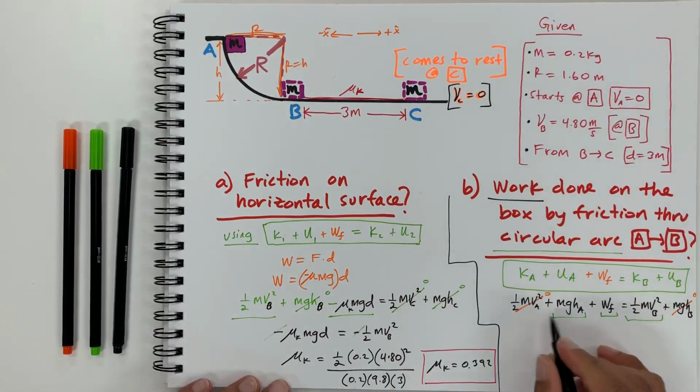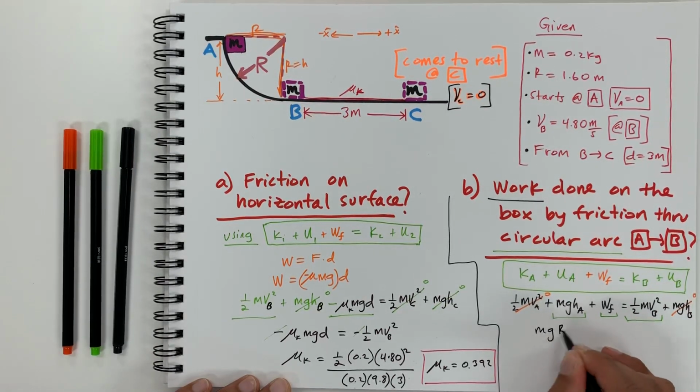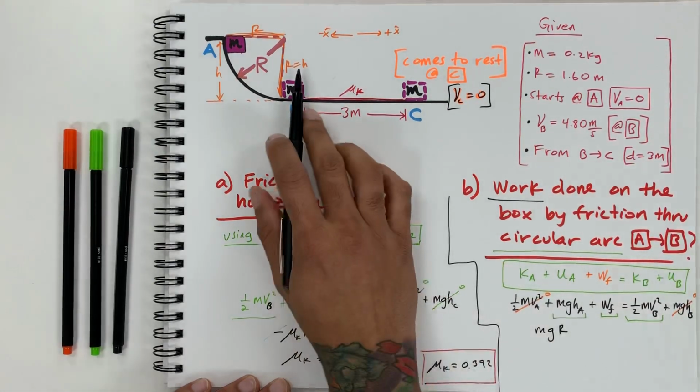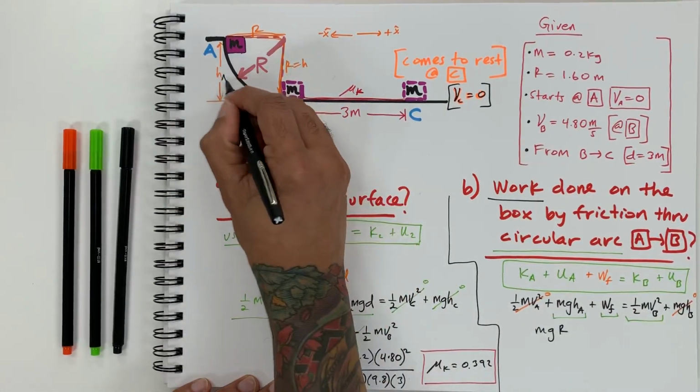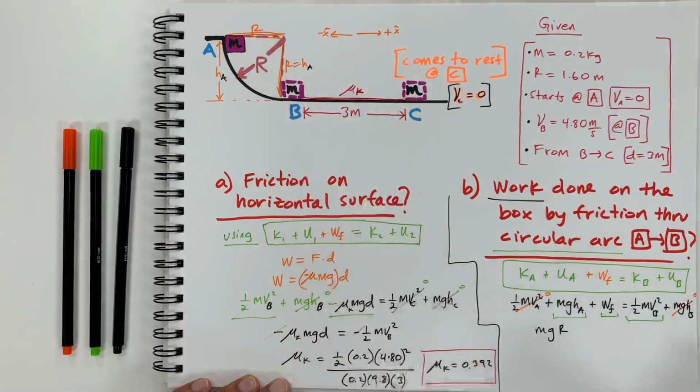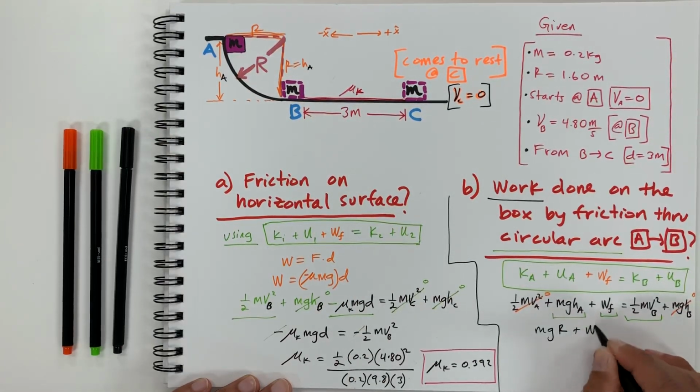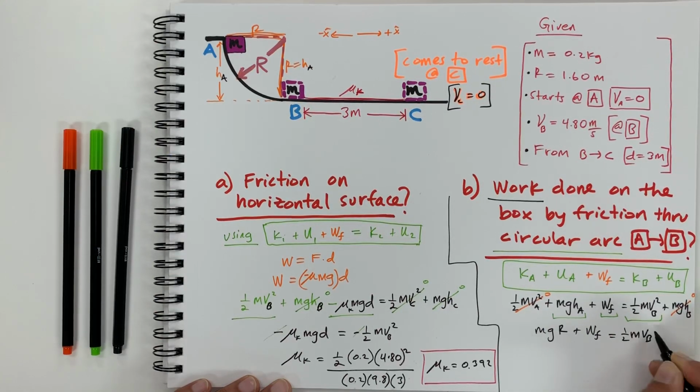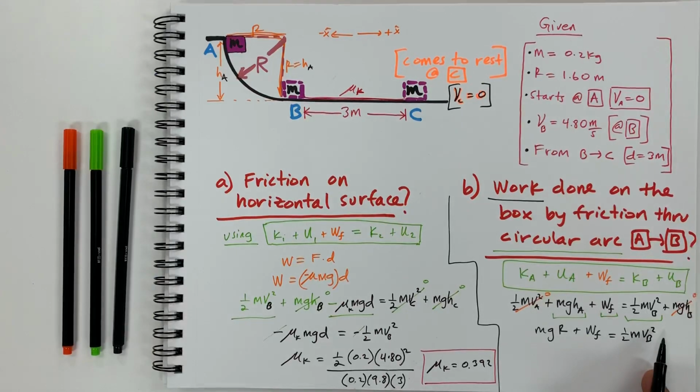So for H A, I'm going to write m g R because H A, right, is equal to R. Then I'm going to write plus work due to friction is equal to 1/2 m v B squared.